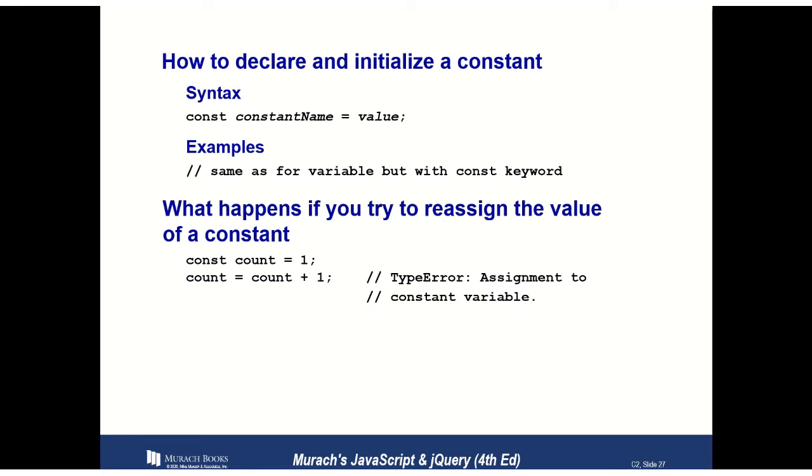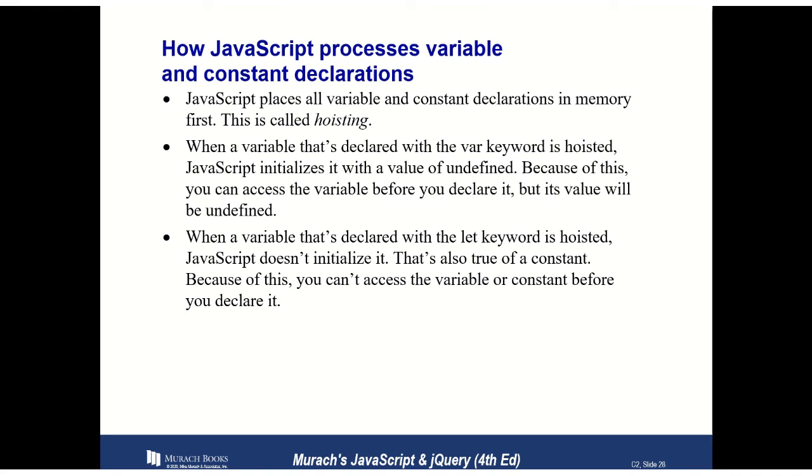To handle variable and constant declarations, JavaScript places all variable and constant declarations in memory, and this is called hoisting. When a variable declared with the var keyword is hoisted, JavaScript initializes it with a value of undefined.